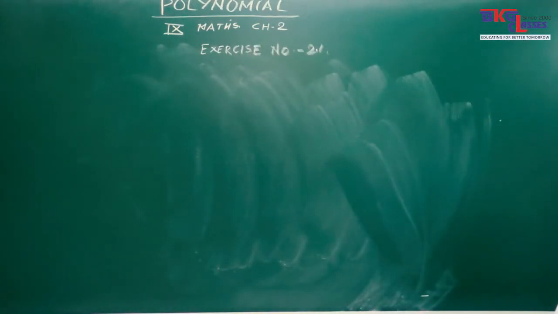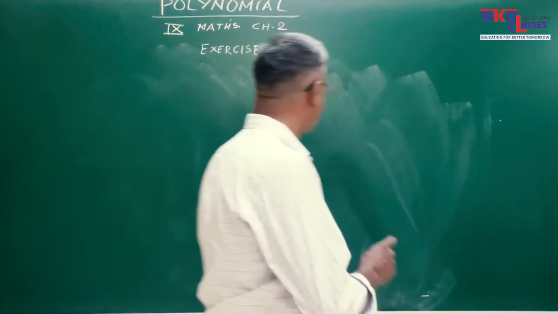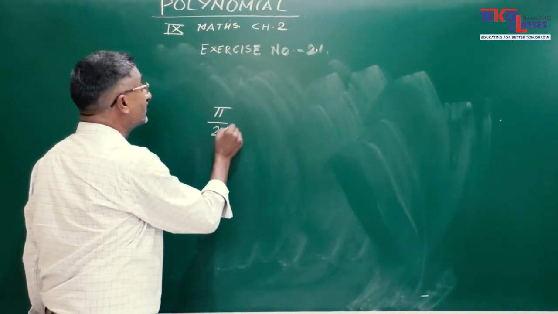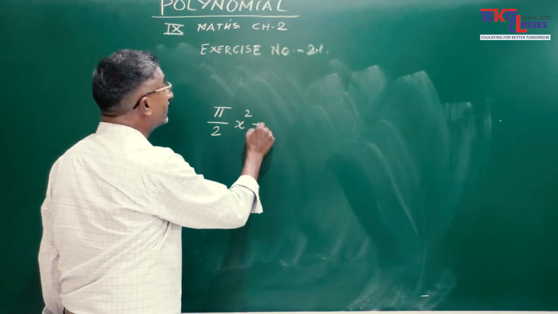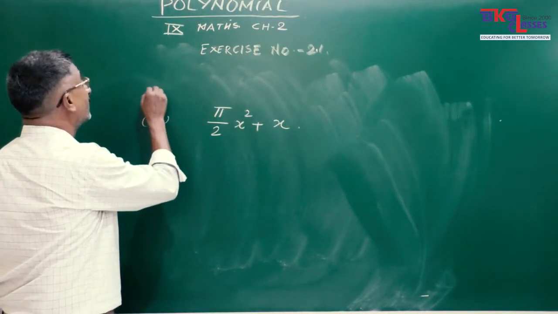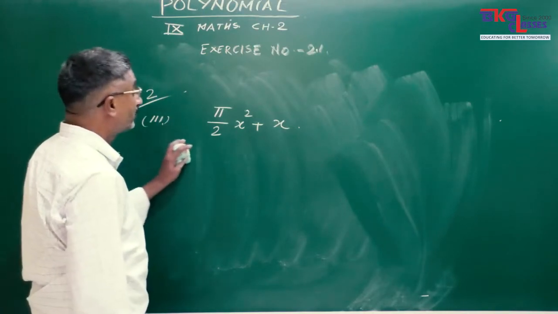Third one is minus pi by 2 x square plus x. This is the third question of the second.